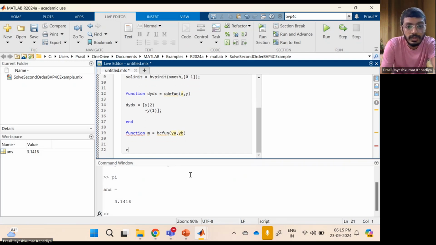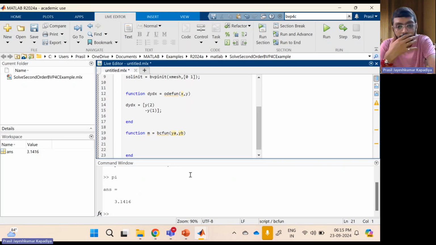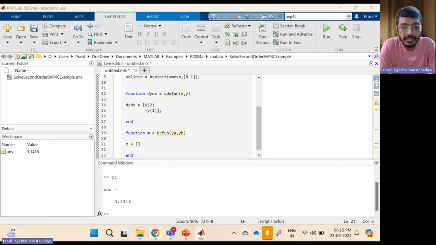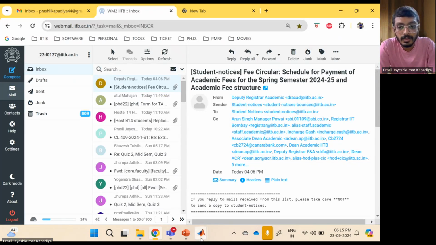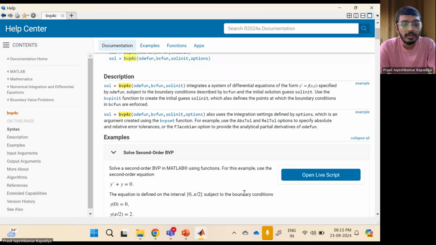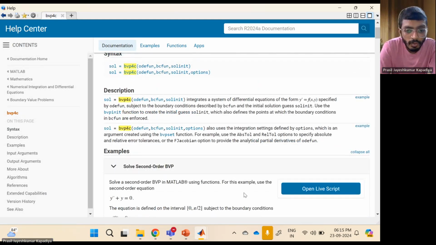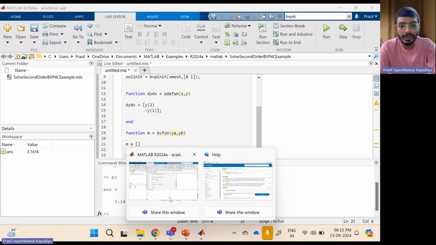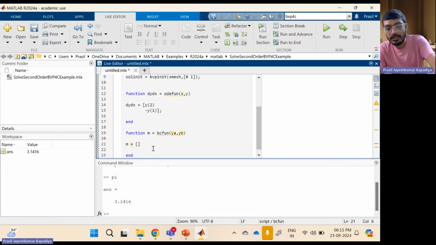Okay, so here, let's say my m is equal to, what is my first boundary condition in this problem? y of 0 is equal to 0 and y of pi by 2 is equal to 2. Okay, so we are told two extreme ends. So y of 0 is equal to 0.